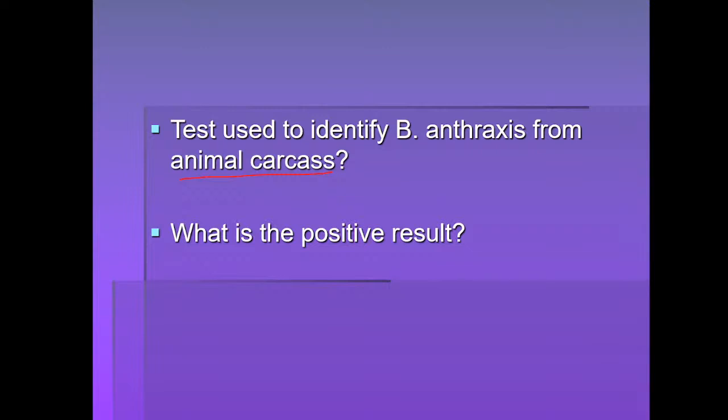The positive result will be a precipitation at the point of contact. Now, why do they do this? Because sometimes they test anthrax bacillus in animals for bioterror, for bioweapons, and the Ascoli test is one way to determine if it's actually the anthrax that killed the animal, not the impact. So the Ascoli test is one of those tests.